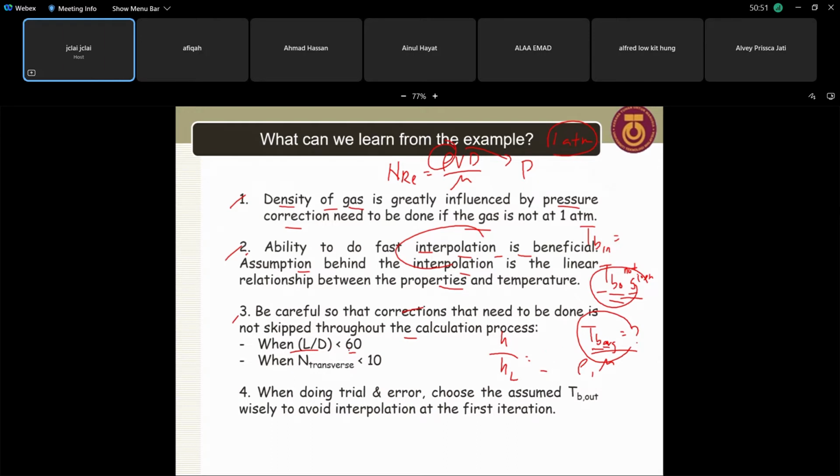When L over D ratio is less than 60, then you need to do correction. Then for the case of banks of tubes, when the number of tubes in the transverse direction, or parallel with the flow direction, is less than 10, then you also need to do correction, right?